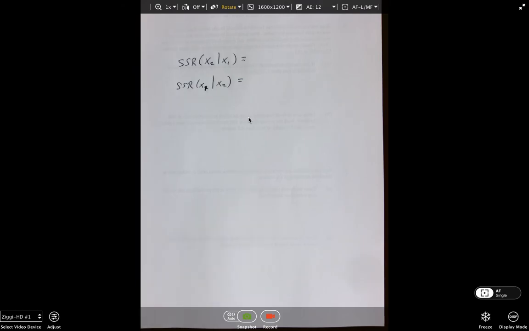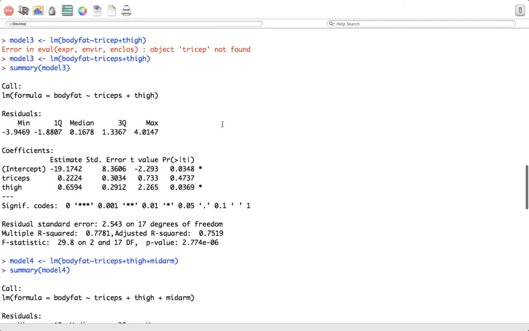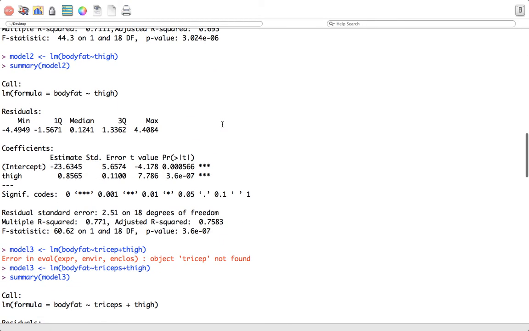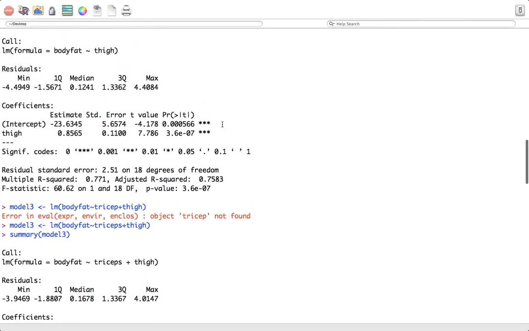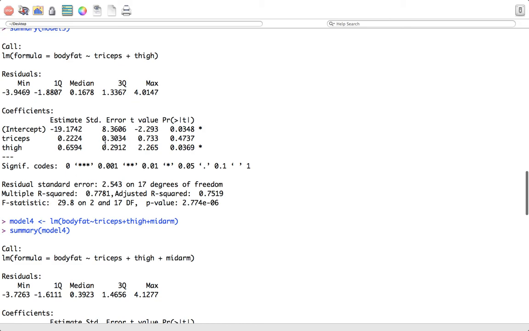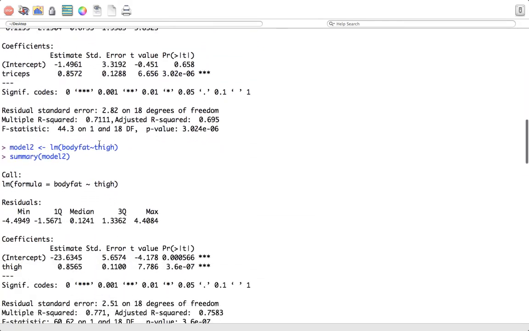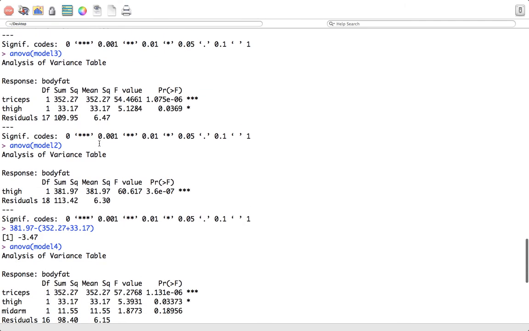And when we do that, we can come back and look at the sum of squares regression. That would be model 2, right? Well, guys, I need to go way back here someplace. Okay, we need to find ANOVA model 2.